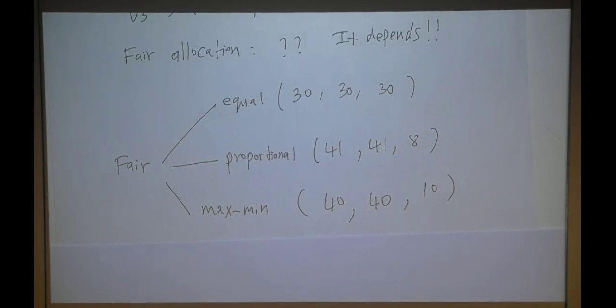Thank you so much. So equal, proportional, and max-min. These are very common ways of doing resource allocation. Probably max-min is the one that you haven't seen before. Have you seen this before? Or you were just looking at it and thought this would be good?